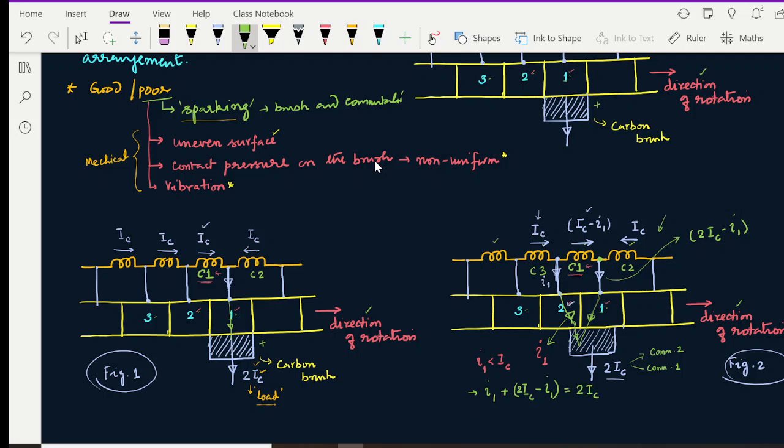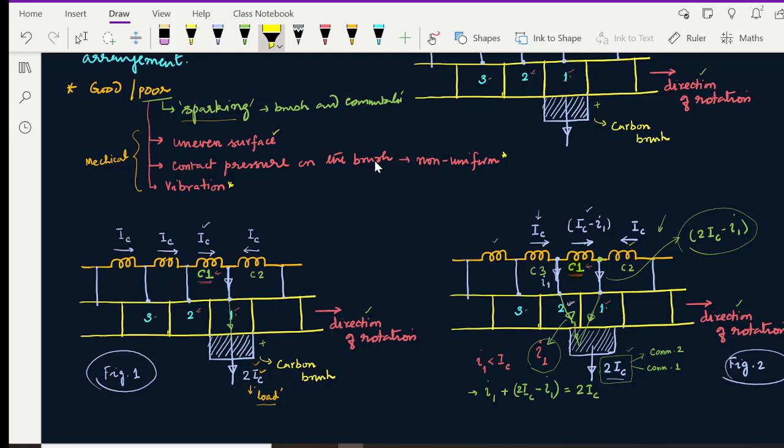Now you look at this, we are still getting 2 IC out of the brush, but this 2 IC is contributed by a current I1 and by a current 2 IC minus I1. So the understanding you should carry from figure 2 is that we are concentrating on coil 1. Don't forget that.